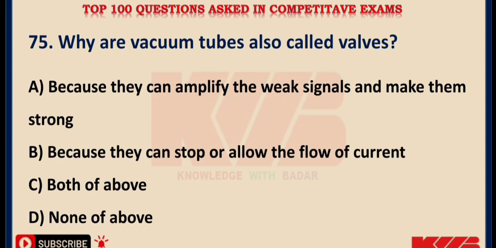Question number 75. Why are vacuum tubes also called valves? Because they can amplify the weak signals and make them strong. Because they can stop or allow the flow of current. Both of the above, none of the above. And the correct answer is because they can stop or allow the flow of current.